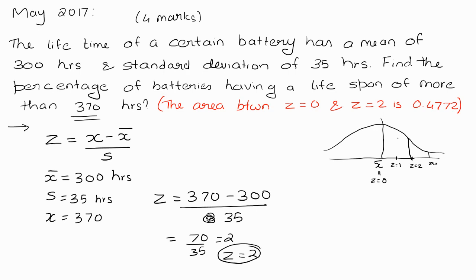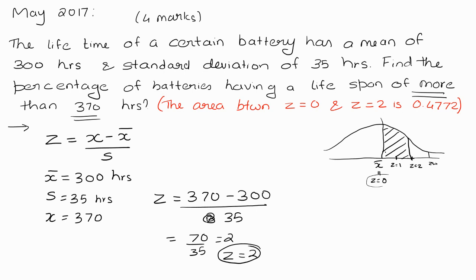Okay. So now what is given is the area between z equals 0 and 2, that is this area. This area has been given to us, and I need to calculate the batteries having a lifespan of more than 370 hours.